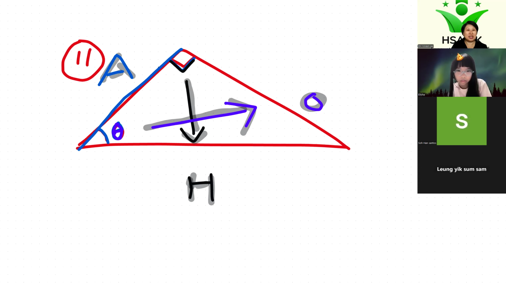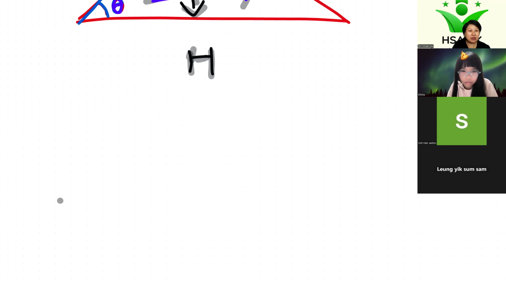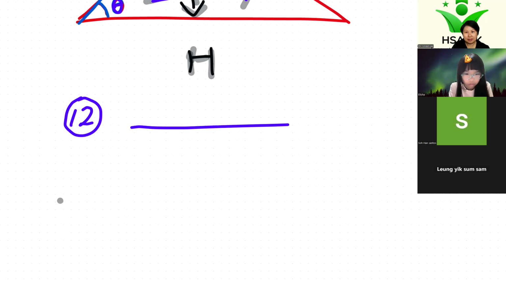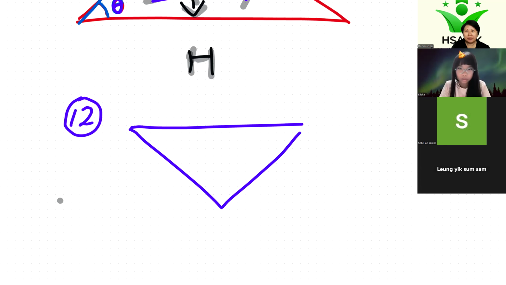Okay, the last question. Sam, prepare for it. Question 12. This is theta. This is right angle. This is theta. Sam, identify AOH.